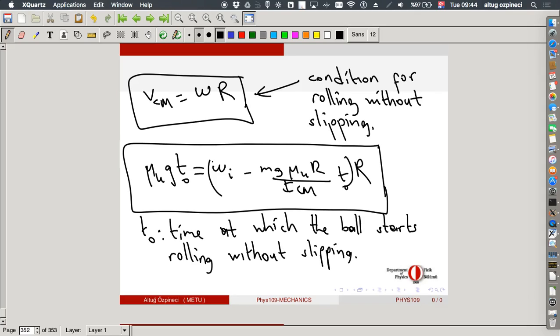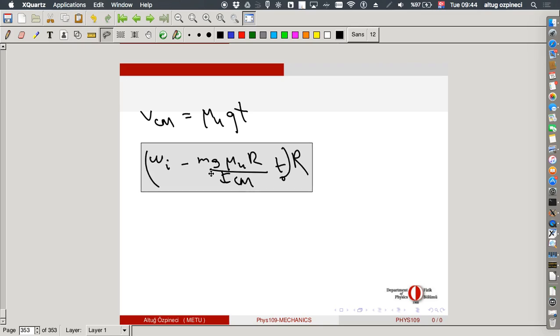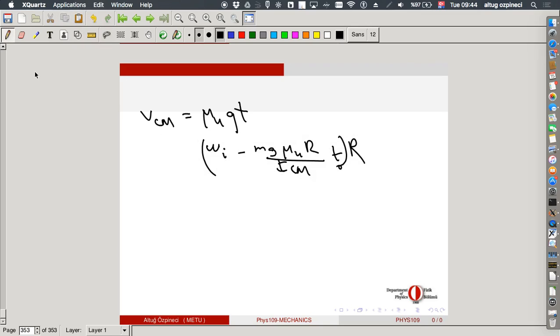We also calculated the angular velocity as a function of time. This is the magnitude.